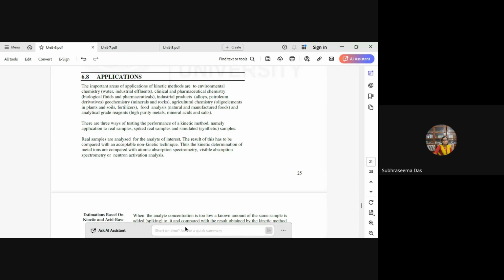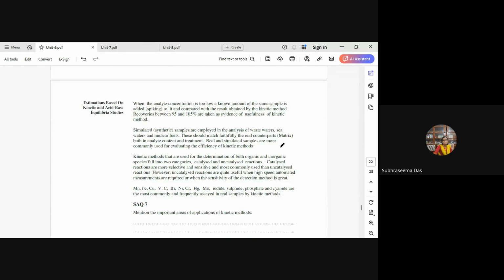Now, when the analyte is present in very low concentration in the sample, then we spike it. It is spiked, and then compared to the result obtained by a standard kinetic method. A recovery of 95 to 105% is generally acceptable.